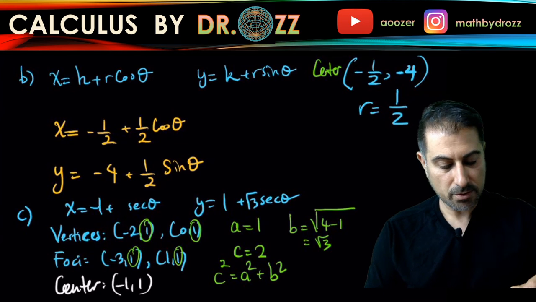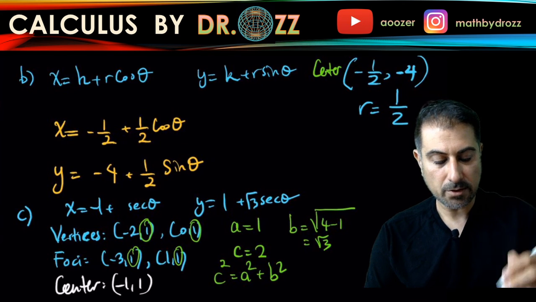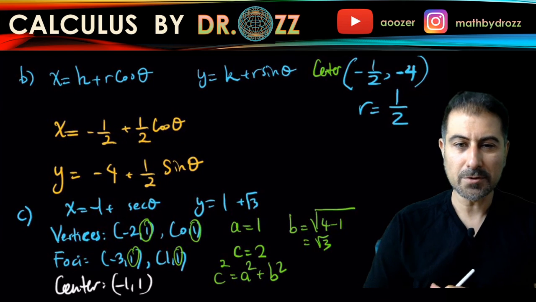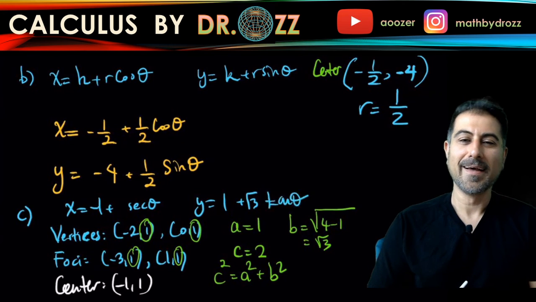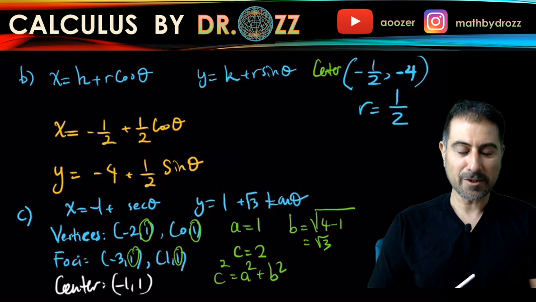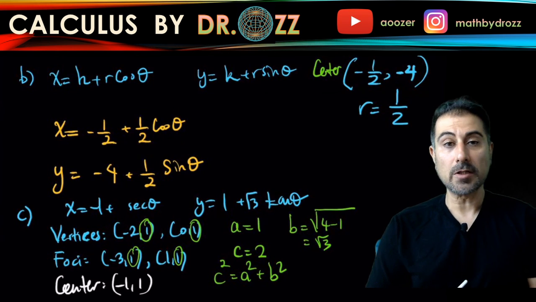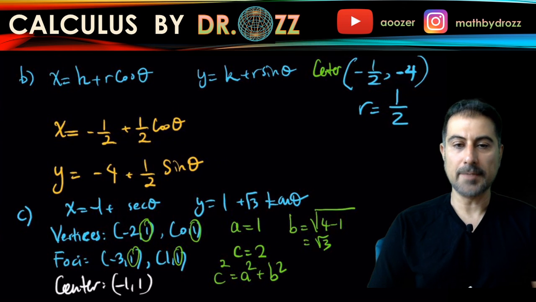Oh, this is tangent theta, by the way. I'm sorry, this should be tangent. There is a typo. I'm sure you caught it in the beginning because I copied the parametric equations wrong here, so I'm sorry about that. But this should be tangent. So you got the parametric representation of the equation of a hyperbola in part C.